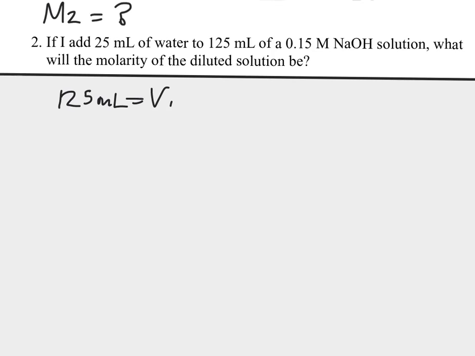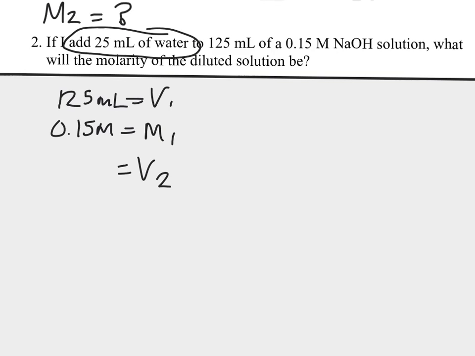So let's call that our volume 1. And related to that solution, it has a molarity of 0.15. Now, if we add 25 milliliters to that solution, it now becomes 150 milliliters.